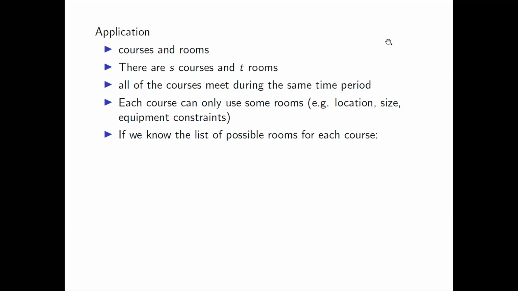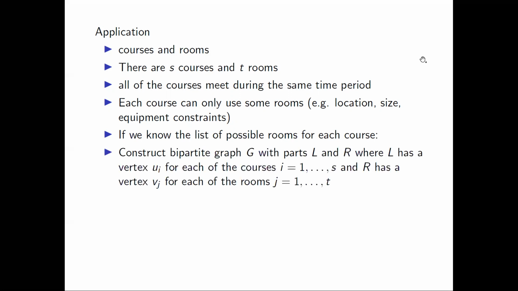So assume that for each course, we know the list of possible rooms for that course in advance. So we can construct a graph, a bipartite graph specifically. We'll call the parts L and R for left and right. And the L part is going to have a vertex for each course.